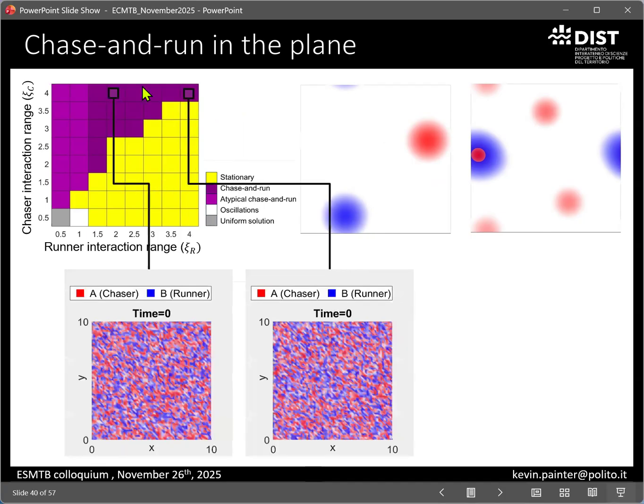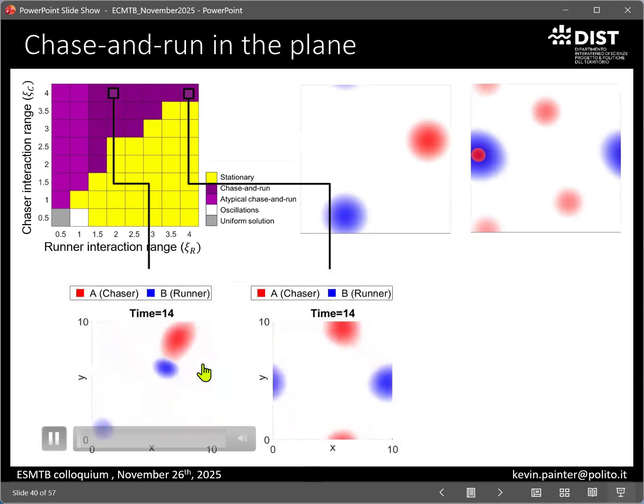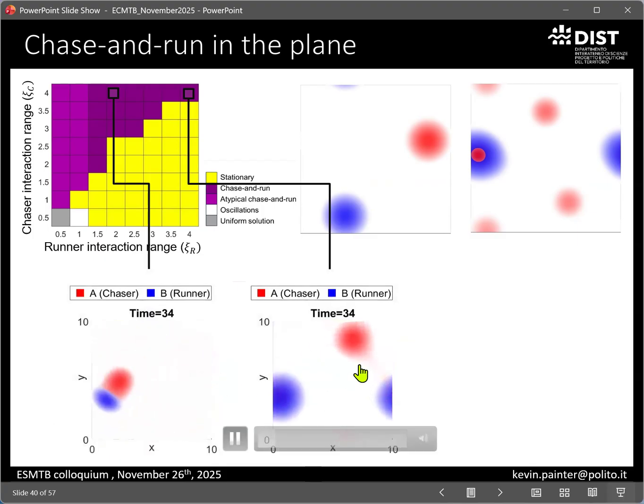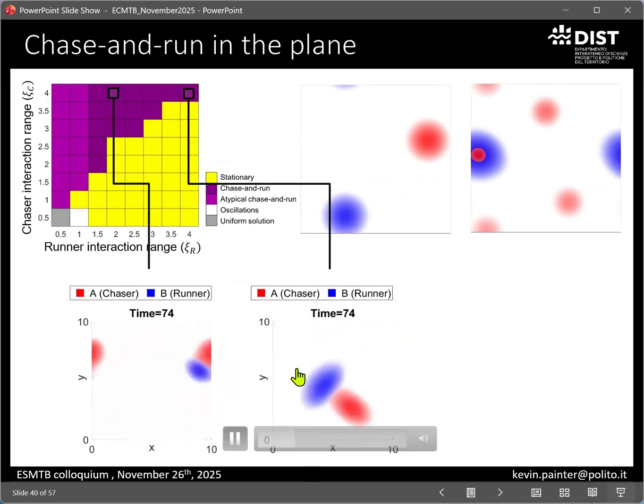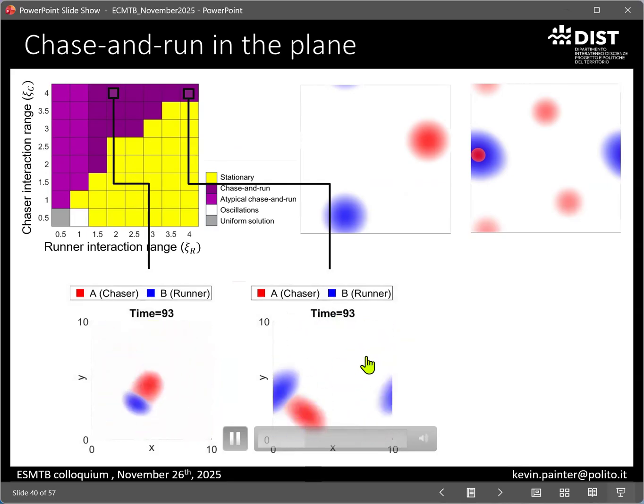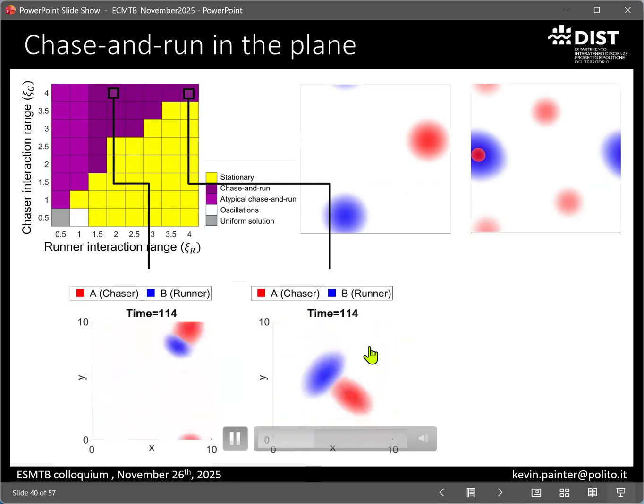But in the region where the chasers have the larger interaction range, we continue to get an organization into a highly robust, sustained chase and run process.